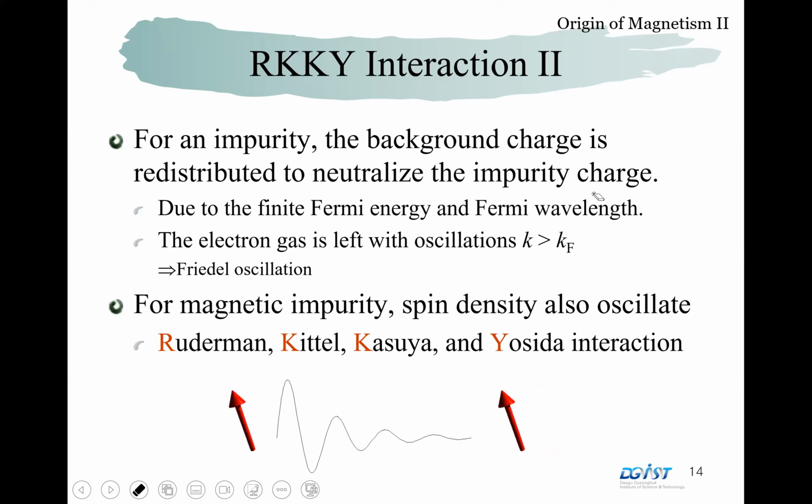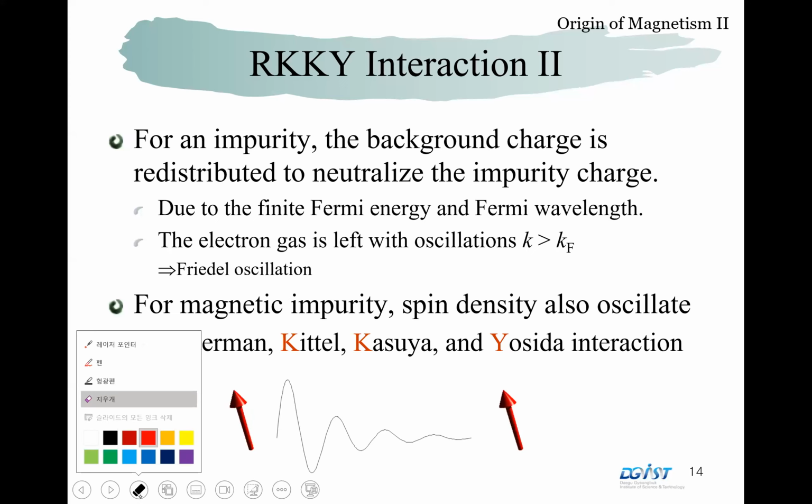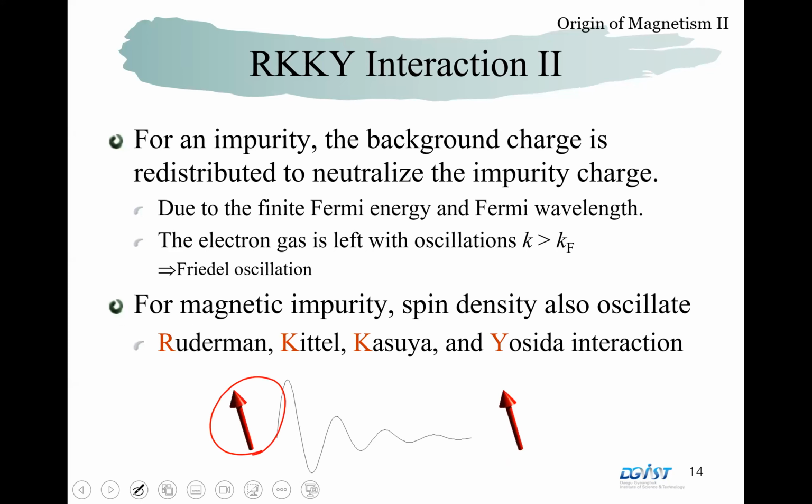And also, if we have some host materials with f electrons, and we assume there are some impurities, then there is some exchange coupling between them called RKKY. Here are the names: Ruderman, Kittel, Kasuya, and Yosida. This Kittel is the famous author of the textbook.